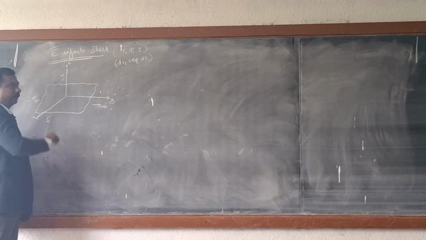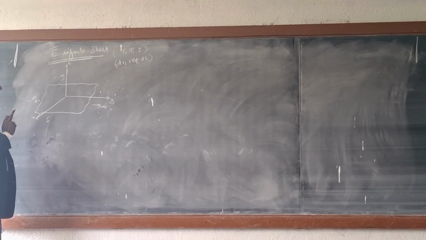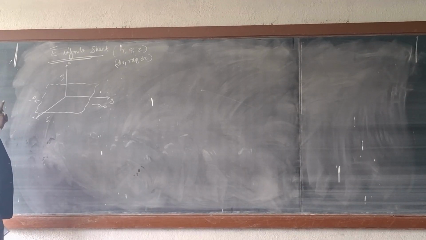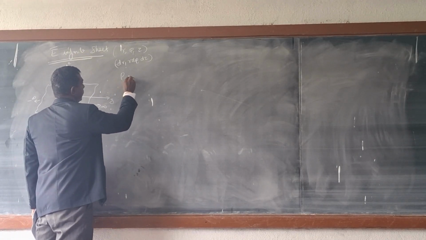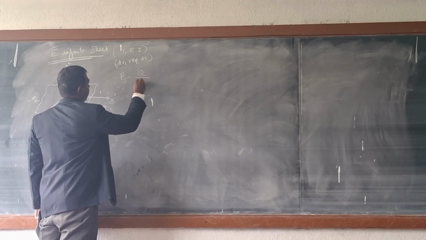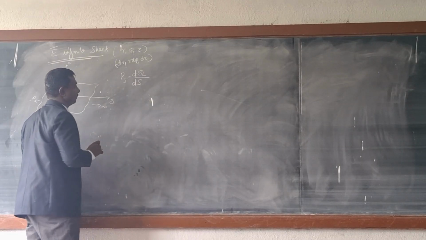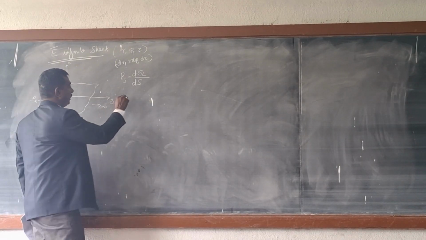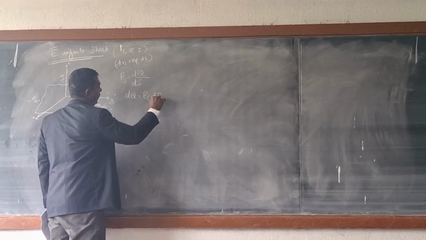Since it is a sheet, we are going to solve it with surface charge density, right? Rho s is nothing but q by s, dq by ds. Then what is dq? dq will be rho s into ds.